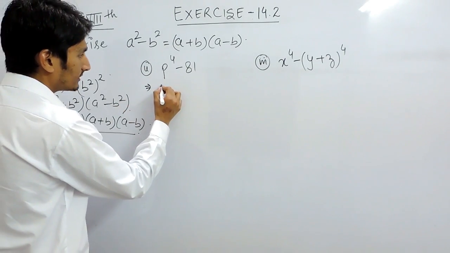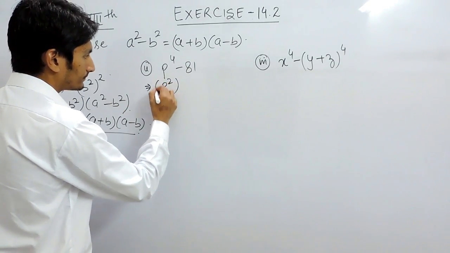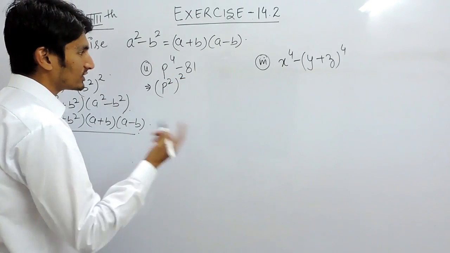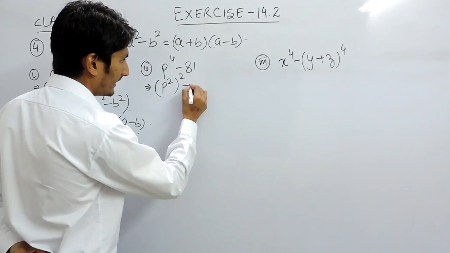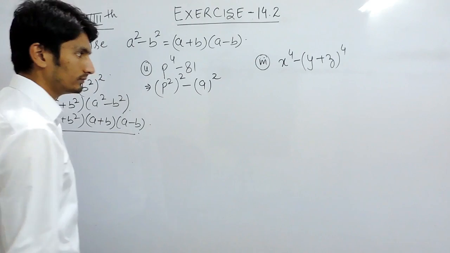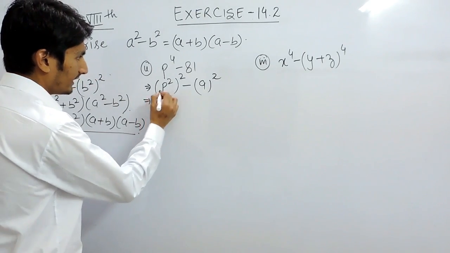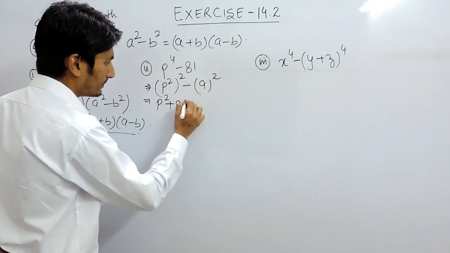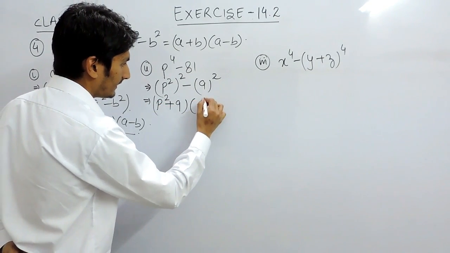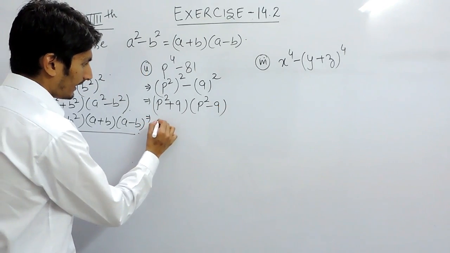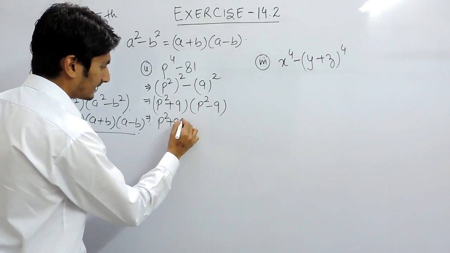First of all, convert them into square form. So p raised to power 4 can be written as p square raised to power 2, and 81 can be written as 9 raised to power 2. And we know that a square minus b square is equal to a plus b and a minus b, and this will remain as it is.